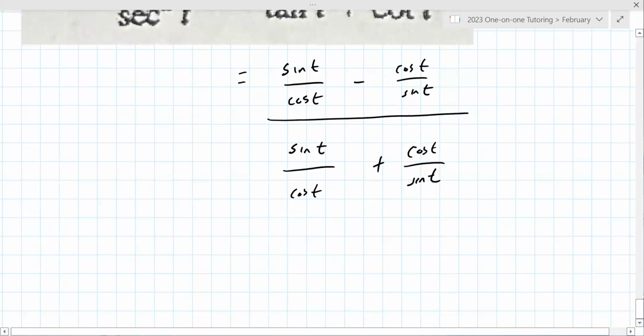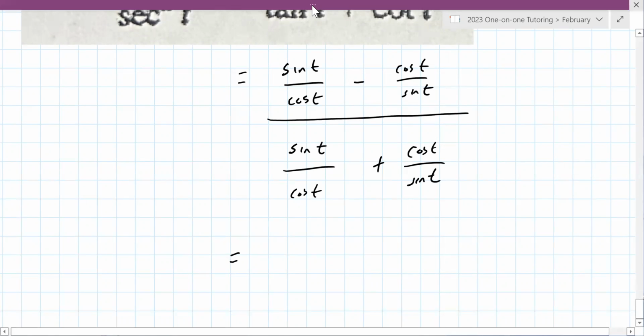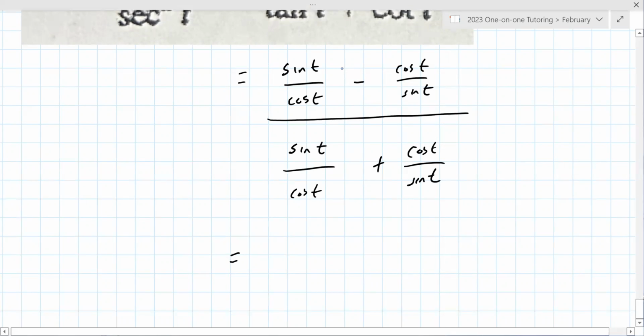Do you know what I mean by that? Each bottom the same. Yeah. Okay. So like in the top, you're going to multiply by sine t, cosine t, same thing on the bottoms.